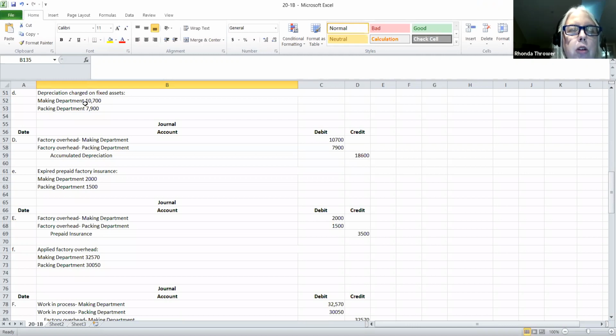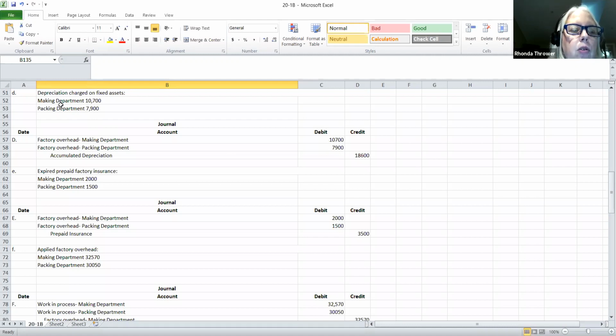Depreciation is an expense, and it would show up in the factory overhead account for each one of these departments. The amount of depreciation went to the making department, so factory overhead is debited for the making department at $10,700. Our packing department also had some depreciation expense.